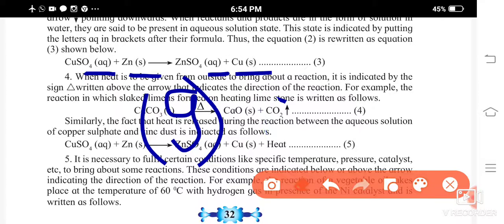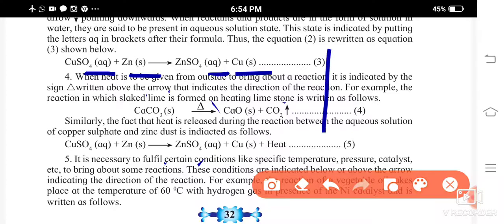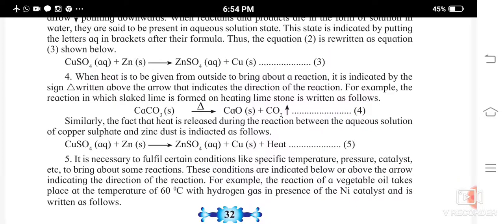Now see, one more thing: if it is a precipitate, if you are finding a substance which is insoluble, that means it is in the precipitate form, isn't it? Then you are going to indicate it with a downward arrow.